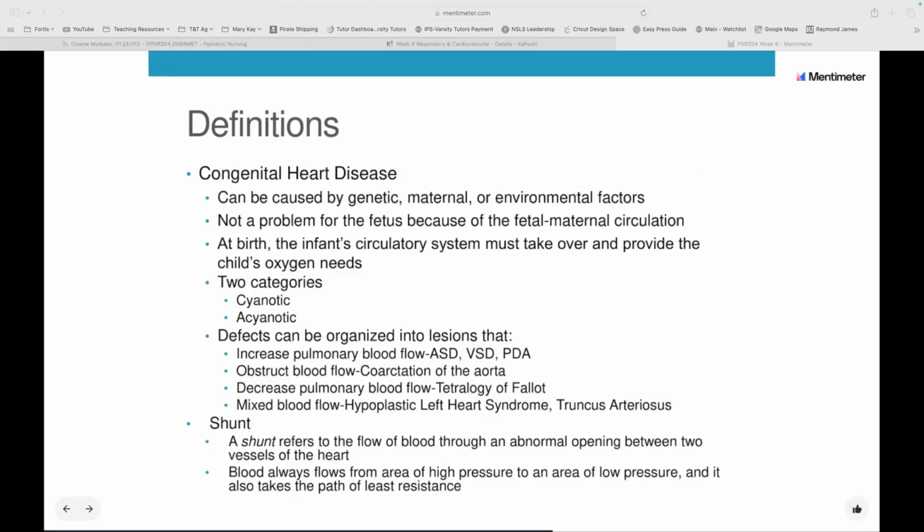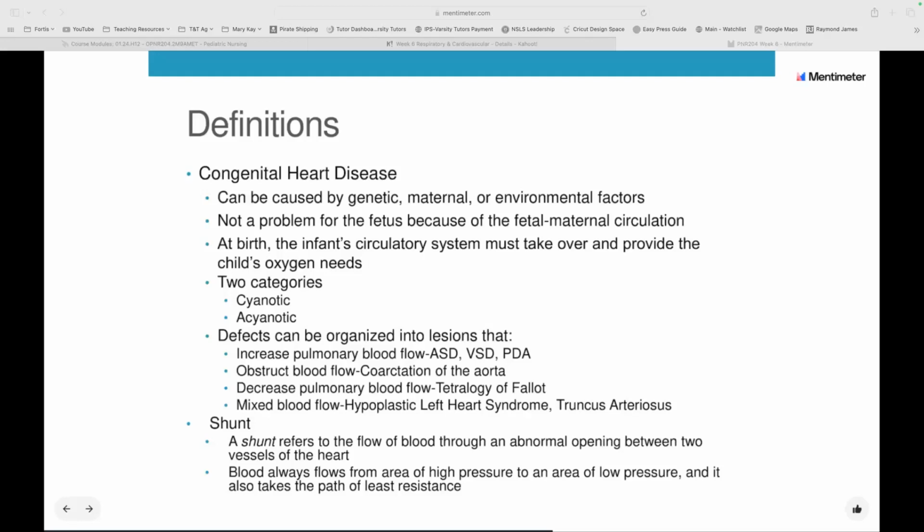It's not a problem during pregnancy because we have that fetal maternal circulation. So we're not reliant on the infant's anatomy to be able to keep our circulation going. Once we're born, we're reliant on the infant circulatory system to provide for all of our oxygen. So that's why we see a lot of these problems that crop up right after birth.